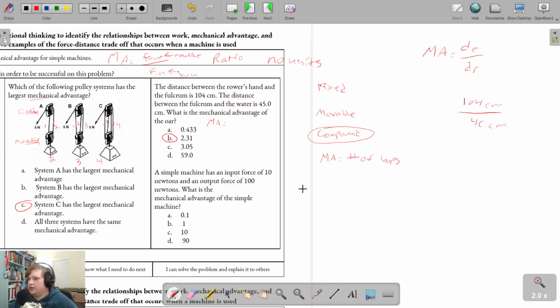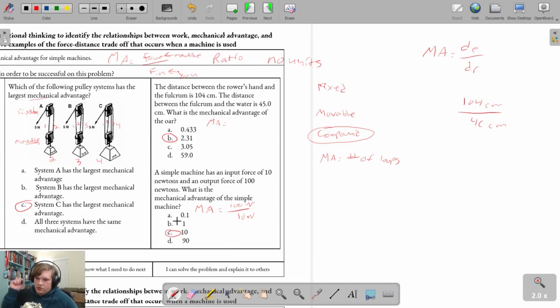A simple machine has an input force of 10 newtons and an output force of 100 newtons. What's the mechanical advantage? Well, mechanical advantage is F out over F in. So it is our output force, 100, divided by our input force, 10. 100 divided by 10 gives us a mechanical advantage of 10.